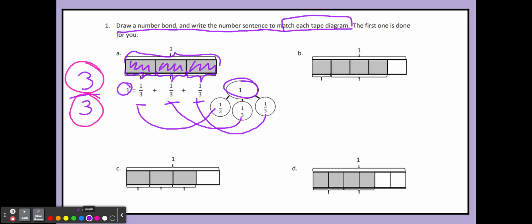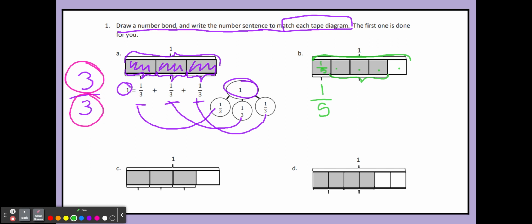Okay, so for the next one, this is our whole here, and there are 1, 2, 3, 4, 5 pieces. So each part, each piece is equal to 1/5. So this one would be 1/5. And here, the bracket is showing 3 of them.